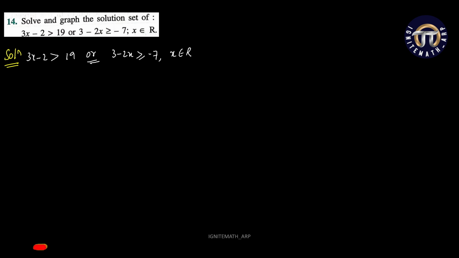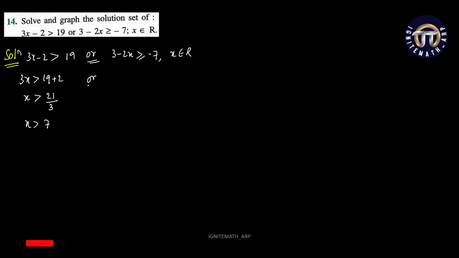You remember, where we took the last example of writing the inequation for the given number line. Okay, so now I'll just solve this one first of all. Right, so 3x greater than 19 plus 2, then x is greater than 21 divided by 3, x is greater than 7.